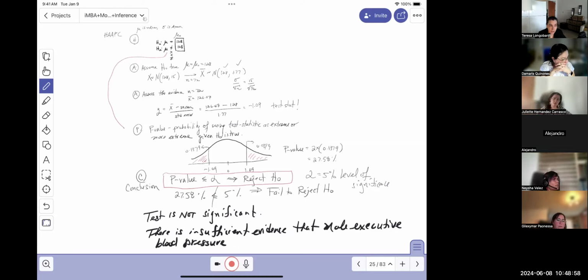It has to be smaller than 5, but it's not strange. We got 30%. The chance was 30% in terms of hypothesis testing methods. That's acceptable. So there is insufficient evidence that male executive blood pressure differs from other males.